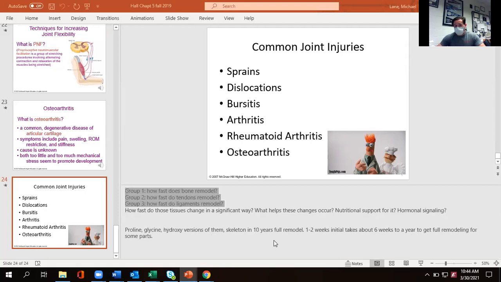But we can speed it up. Notice that 6-week timeline if we happen to be moving the tissue appropriately, so we're getting that nutrient delivery and waste product removal. Whereas if we're not really moving, not getting it to do much work, that's where we're talking about that full year. So any questions, comments, concerns about anything we covered today?